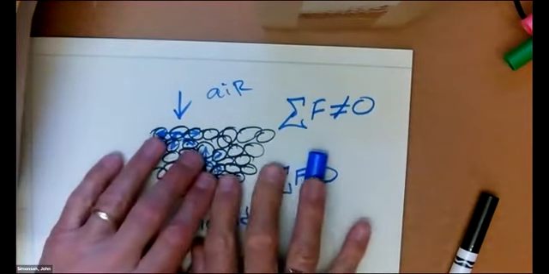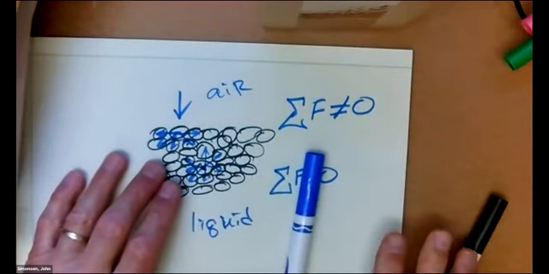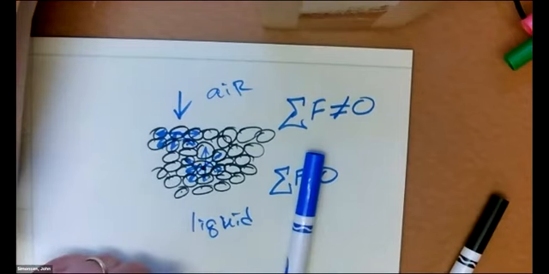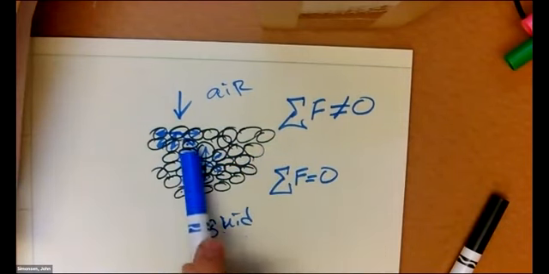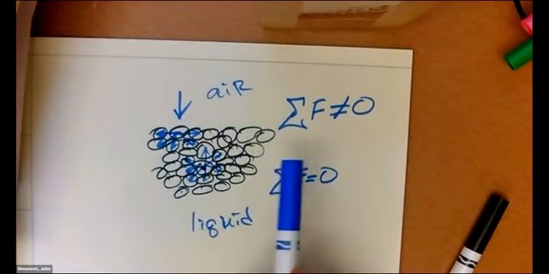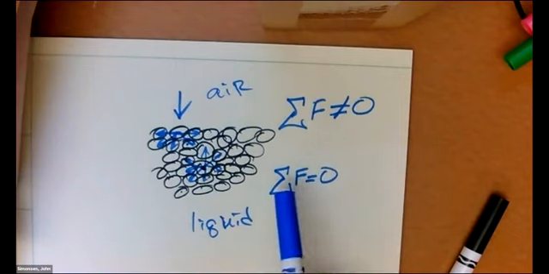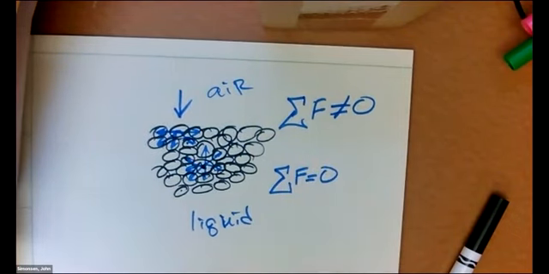But the very surface molecules also tend to spread out a little bit, because they're being pulled down, but they're pushing on the ones below. So that gives rise to what we call surface tension.